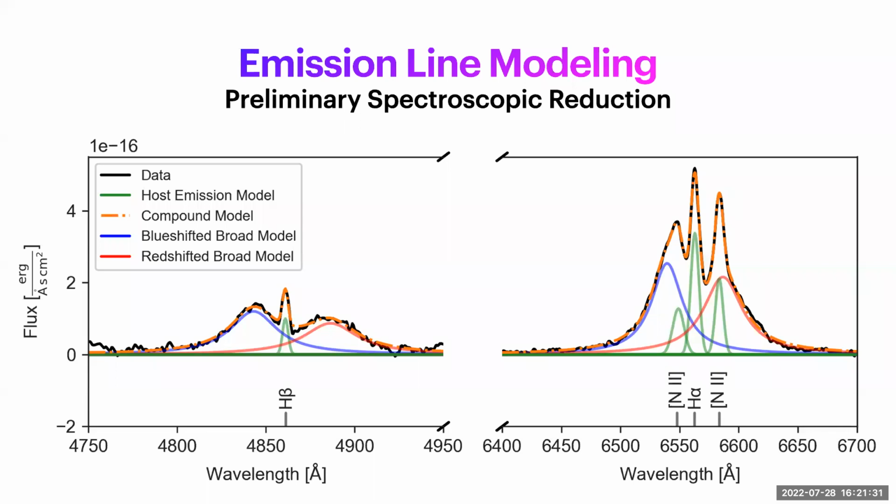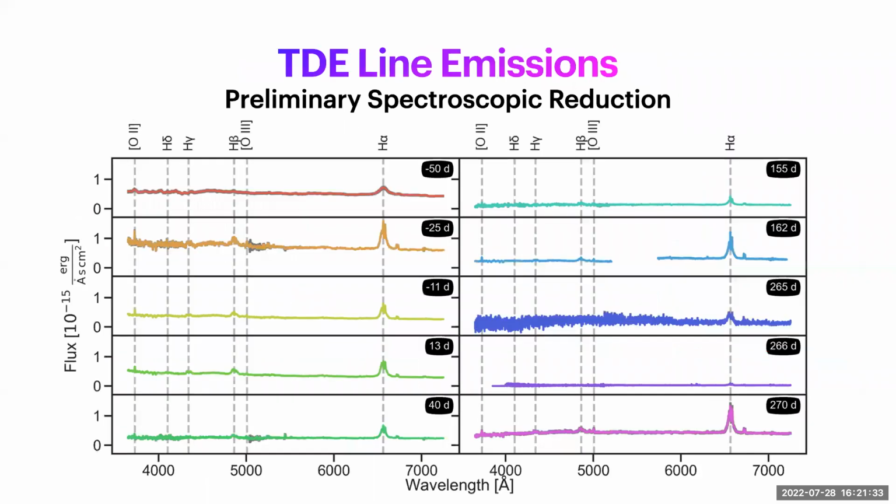However, helium-2 or N3 features are generally broad features that exist in certain types of spectra for certain types of TDEs, and those could probably be looked at using some low-resolution spectrograph.